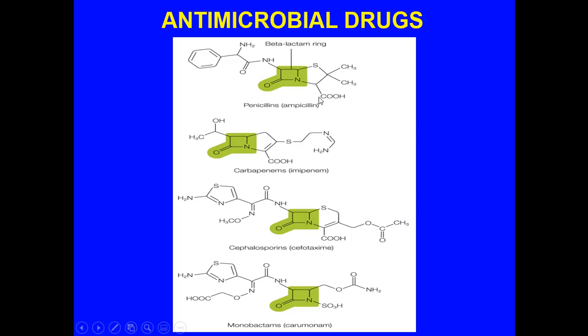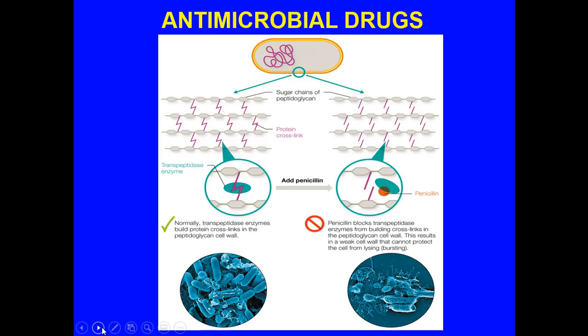You have all the different types of penicillins, carbapenems, the cephalosporins, etc. What that key means is this: the beta-lactam ring is an essential structural configuration that is necessary for the proper function of these cell wall-targeted antibiotics. But the enzyme beta-lactamase can destroy all of this and render them completely useless.